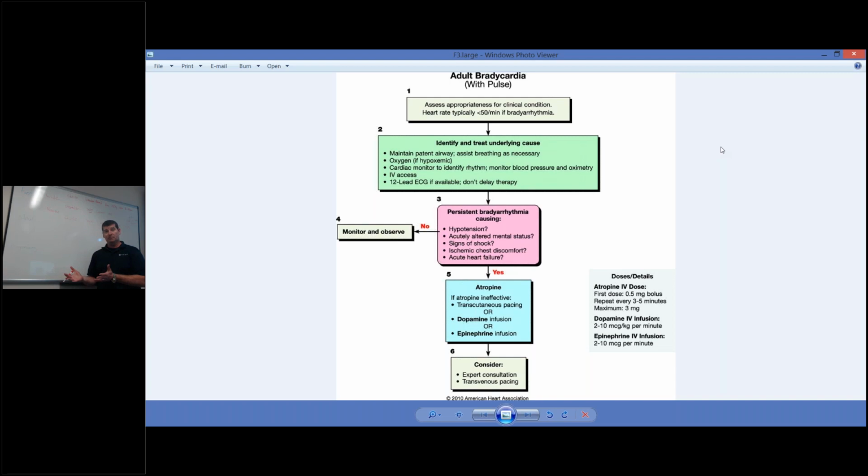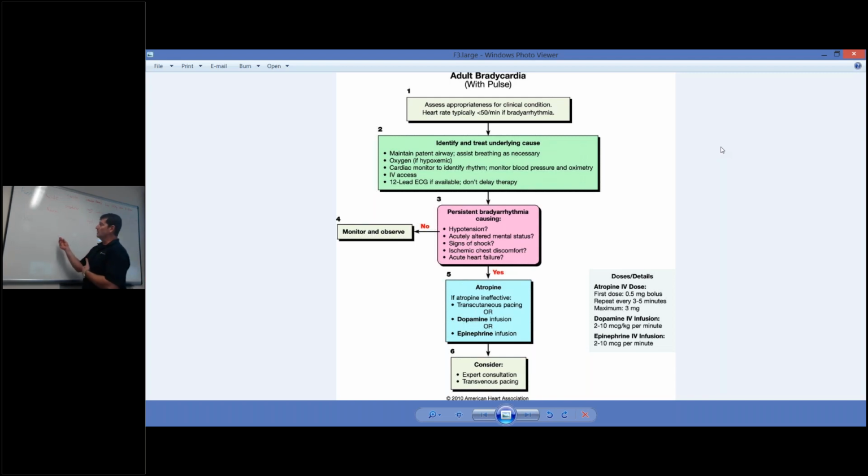I don't do anything with them. We just monitor and check. But if my patient is symptomatic, basically meaning they have hypotension, they're diaphoretic, pale, have difficulty breathing, chest pain, anything associated with the bradycardia, then I'm going to treat it.